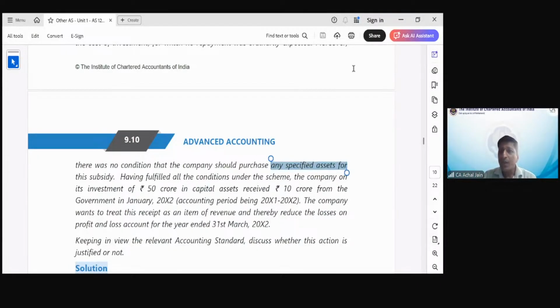Julie says, no sir, as per AS 12, it is transferred to capital reserve, and further, because capital reserve is restricted in nature, it will not be available for distribution. Of course. I think Charandeep has explained this. All right.